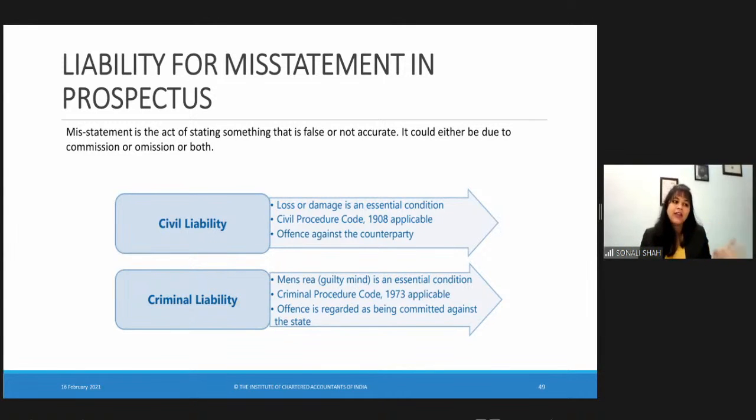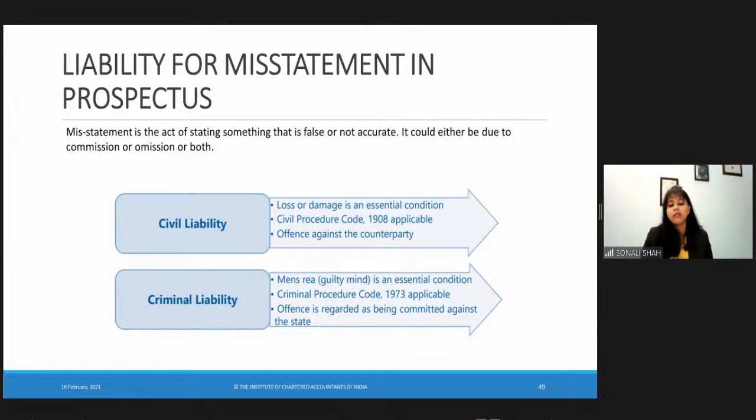Now, leaving behind the methodology of answering questions, let us proceed with the liability for misstatement in prospectus. When we were talking about the prospectus, we had studied that there is a golden rule that whenever a prospectus is being drafted, the company has to ensure that the information provided in the prospectus is accurate, and any information that may affect the decision of an investor is not missed, right?